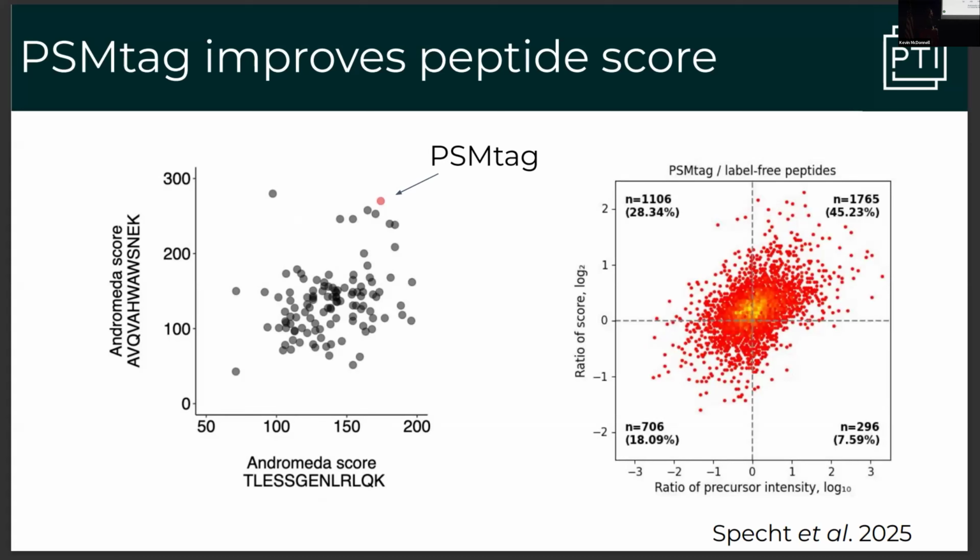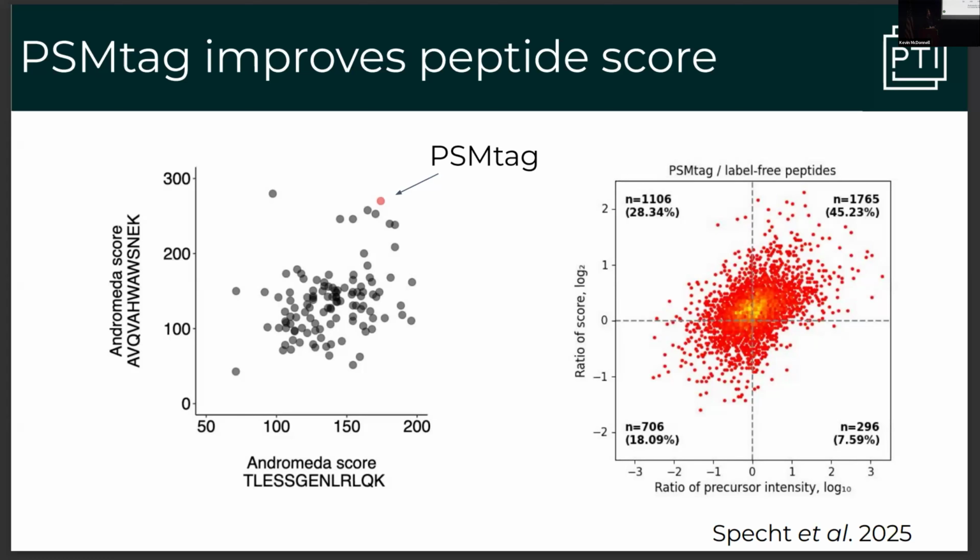So just to step through this graph really quickly, each point here is a different peptide, and on the x-axis, we're showing the ratio of precursor intensity. So how abundant was the peptide when it was labeled with the tag versus label-free. If a point is on the right-hand side of this graph, it means it was more abundant when the tag was attached, or it was observed at a greater intensity.